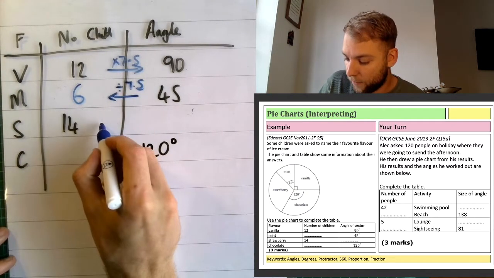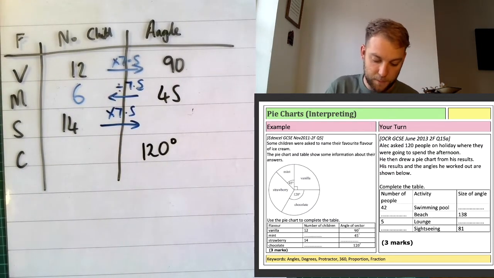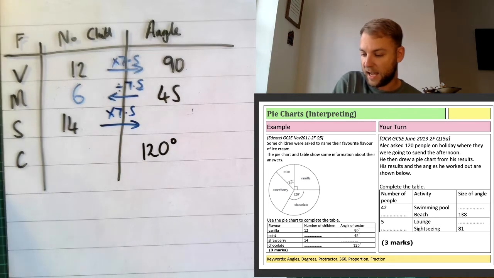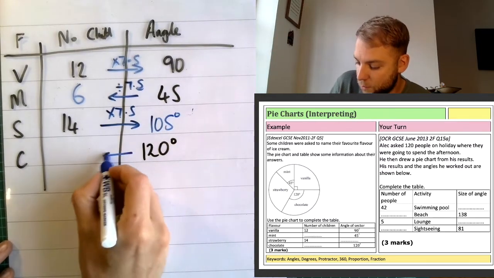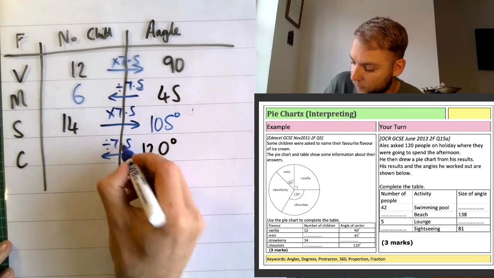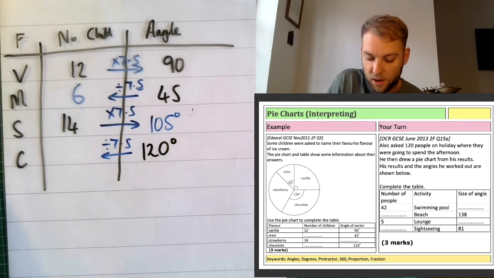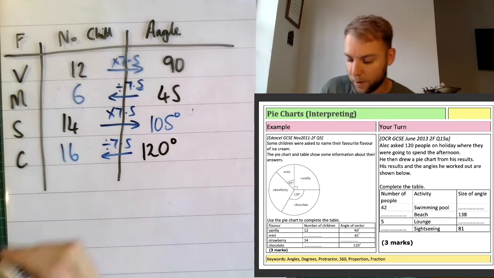Well, this way, I'm going from left to right, so I need to times by 7.5. So 14 times 7.5, which in this case is 105. And then going this way is divided by 7.5. So 120 divided by 7.5, which in this case is 16. Super.